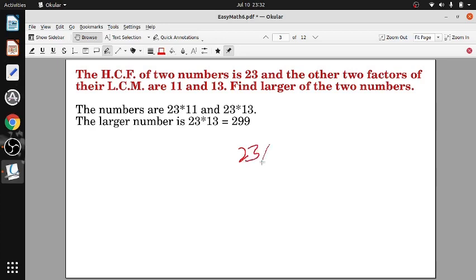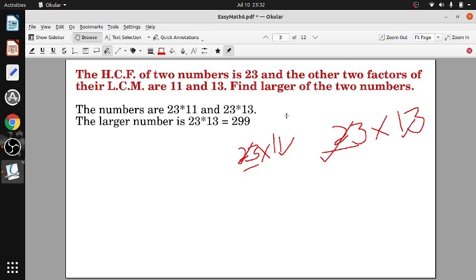And one number you are getting 11 and one number you are getting 13. H.C.F. is a common factor. And 11 and 13 are prime numbers. So इसमें तो और कोई फैक्टर नहीं आएगा. So 23 H.C.F. और एक में 11 और एक में 13.